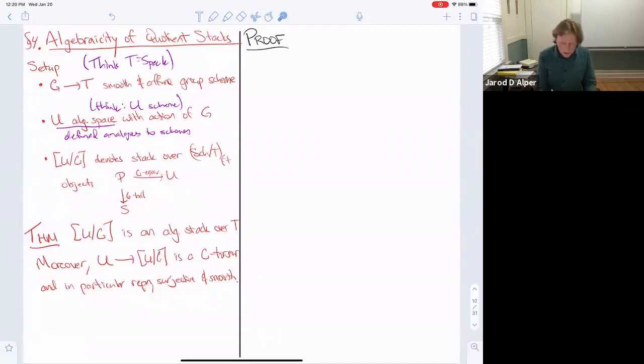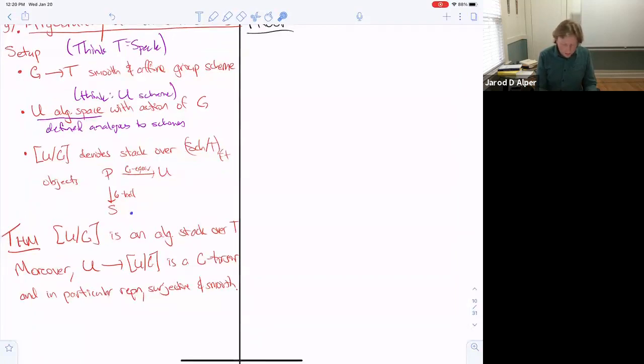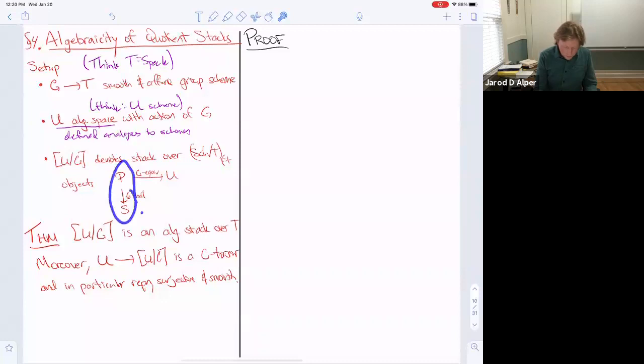The objects are the data of a principal G-bundle together with a G-equivariant map to the scheme U. Again, in the case that U is an algebraic space, you need to make this precise, but it's done in exactly the same way as for schemes.